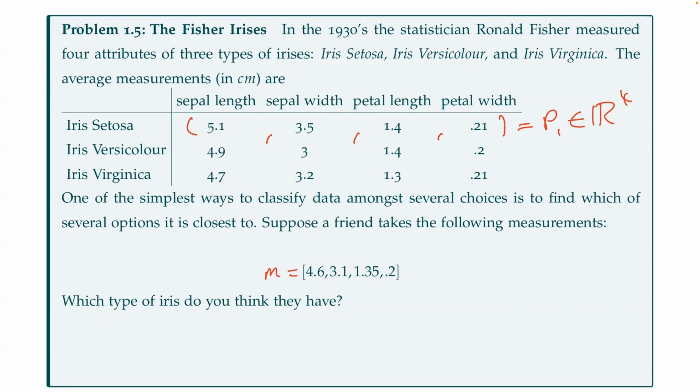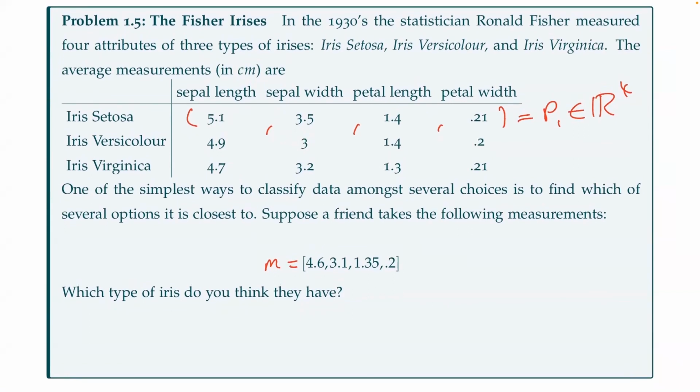And so by looking at the distance between these two things, we can try and say which species our example flower is most likely to be, by looking at how similar it is. So what I want you to do is calculate the distance between this observed iris, this M, and the 3 above in the table, and work out which is the most similar.